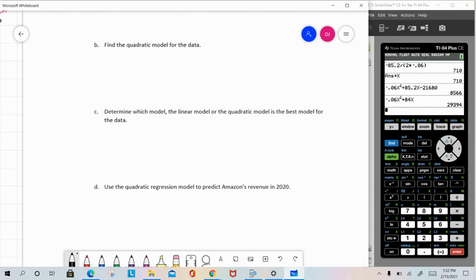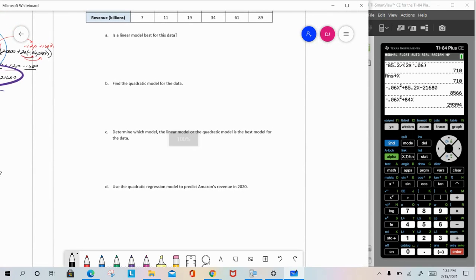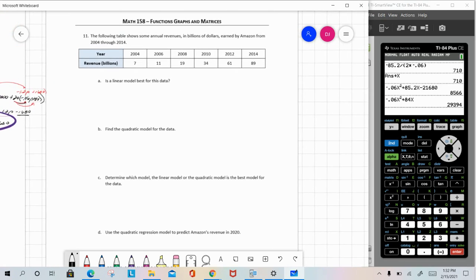Last thing I want to look at is what if we have a table of values. We did this before with linear regression. The following table shows some annual revenues in billions of dollars earned by Amazon from 2004 through 2014. Is a linear model best for this data?